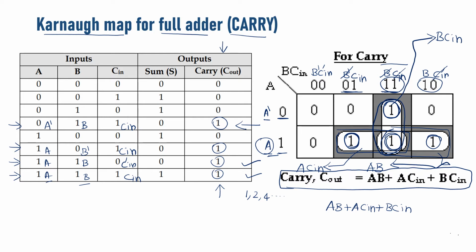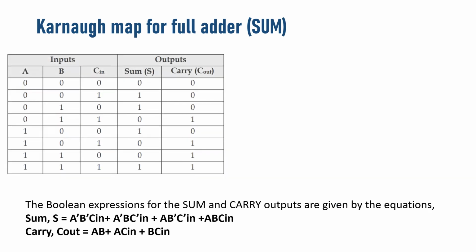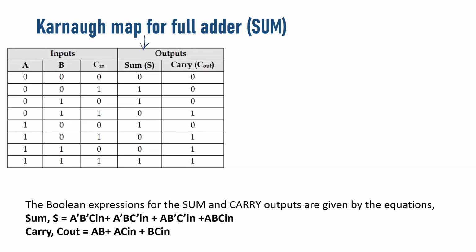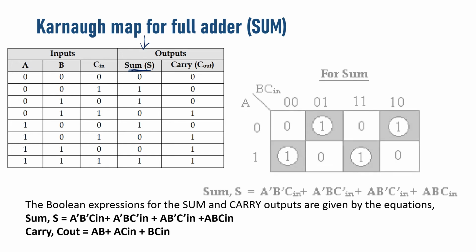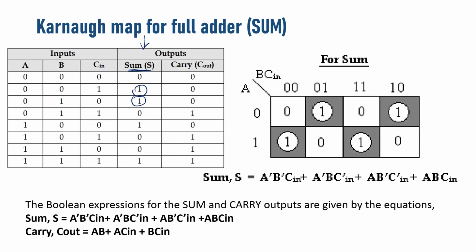Following this, now we are going to discuss the K-map for the full adder summation. This is the truth table we already discussed. This table shows the sum K-map, and here we got the ones in these places. We are going to consider the one here, here, and this place, and next to this place. Here this is A dash, B dash, C in, so this place we have to map.